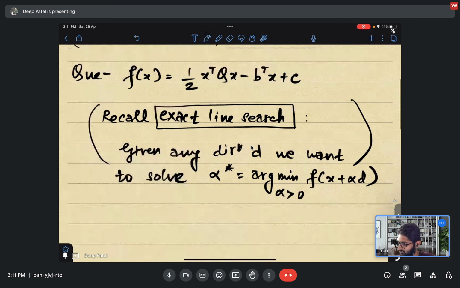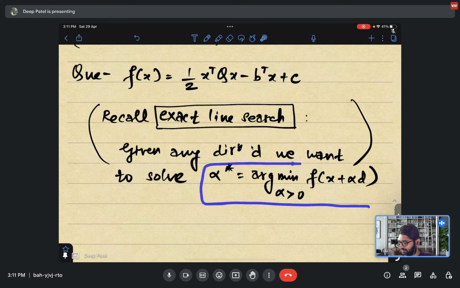I'm at a point x, and due to various reasons, I think that d is the direction in which I should be moving to minimize my objective function. Point is, I want to know what should be the step size along that direction. How far along that direction should I move?